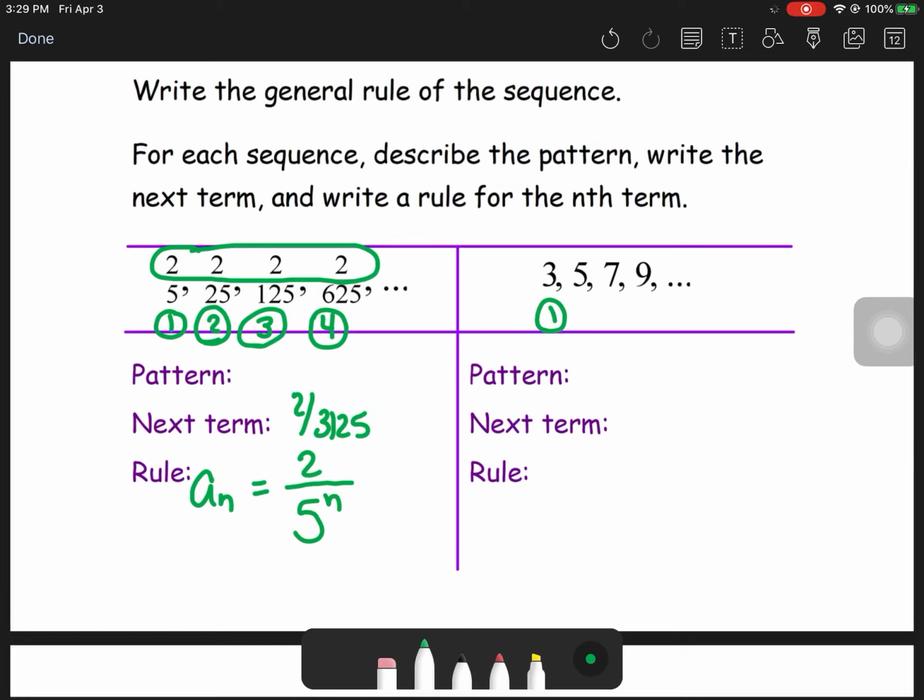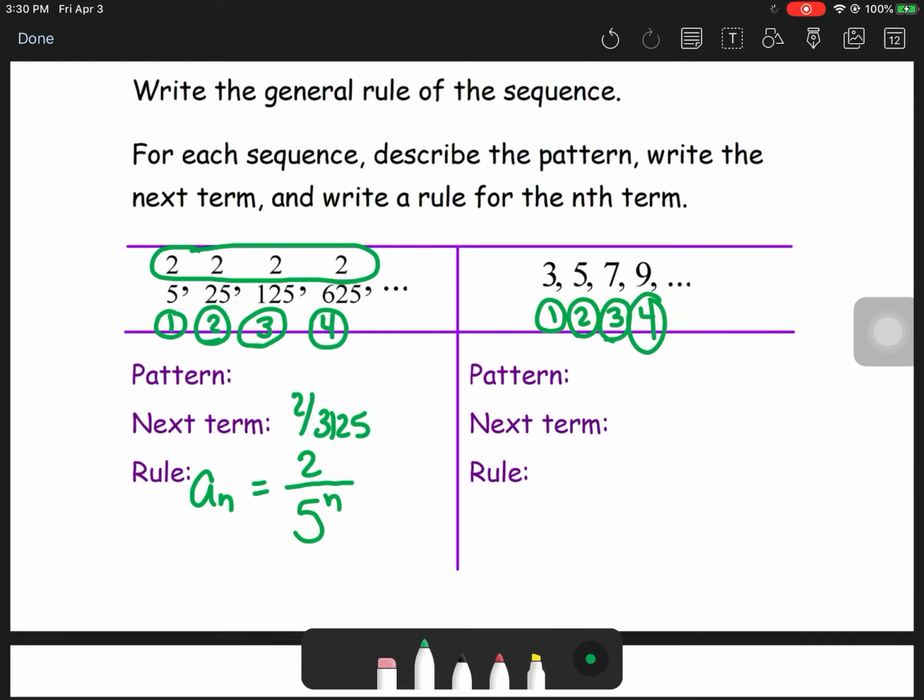Again, we always want to base our pattern off of what position we are going to be in. So this one looks like it's adding 2, adding 3, adding 4, adding 5. That doesn't make sense because it has to be the same every time. But what I could do is say, well, what if I multiply the 1 times 2? I'd get 2, and then if I add 1, I'd get 3. What if I take the 2 times 2, and then I add 1?